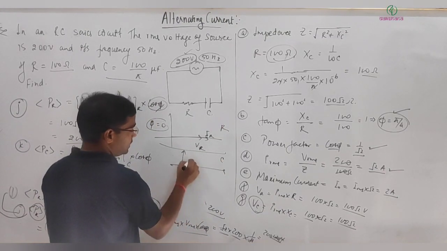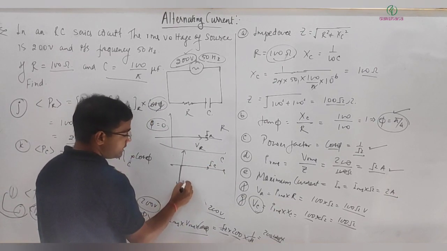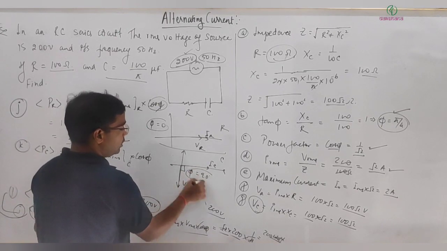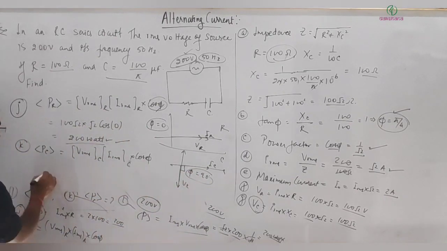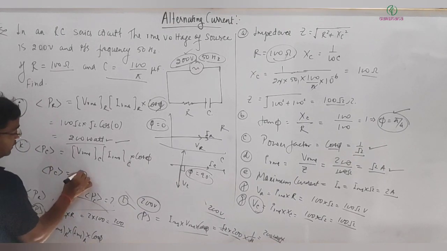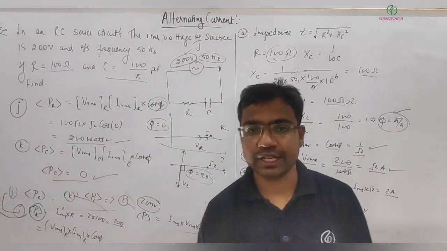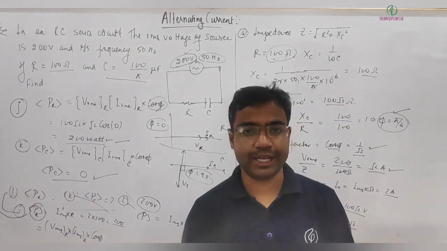For capacitor it's IC, then VC is here. So the phase angle phi you can see is 90 degrees. Then directly cos phi will be equal to 0. So you can easily get that the average power dissipated across the capacitor is 0. I hope you understand the different things you need to keep in mind and how you need to calculate everything.